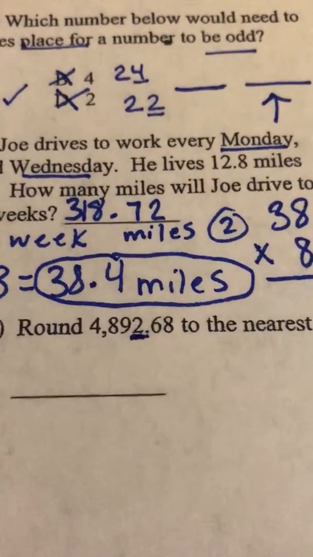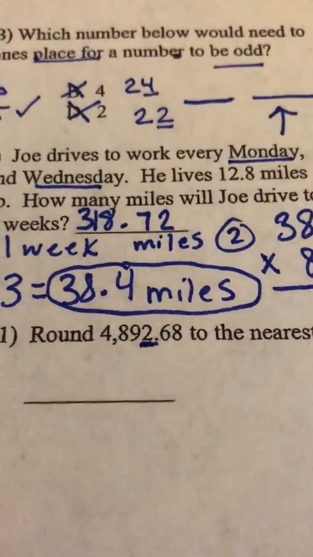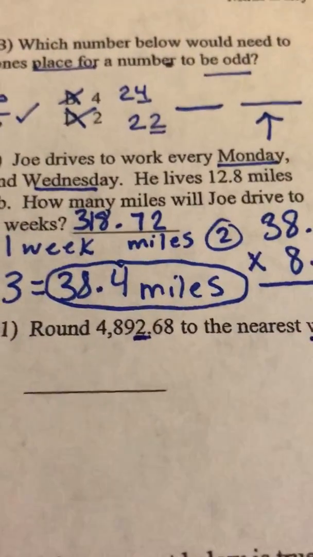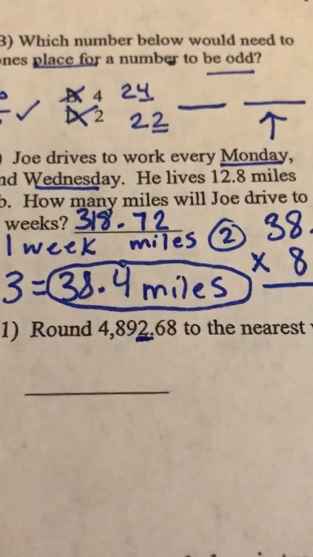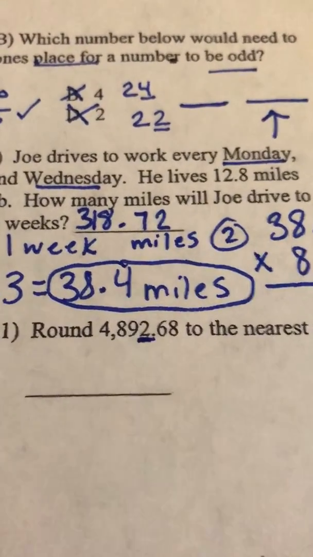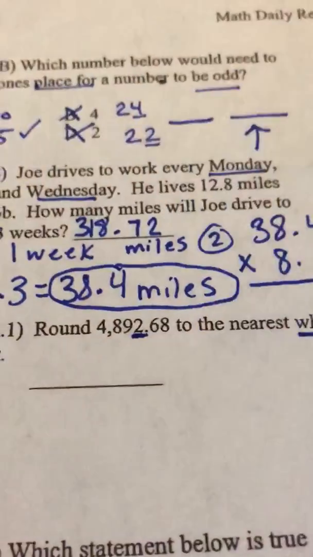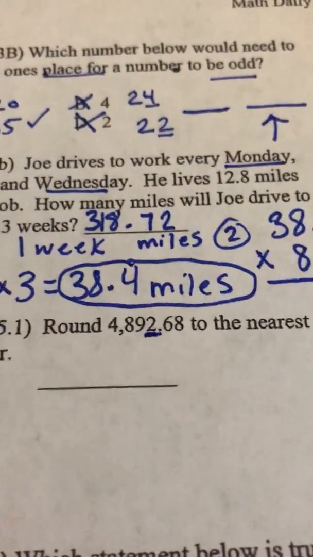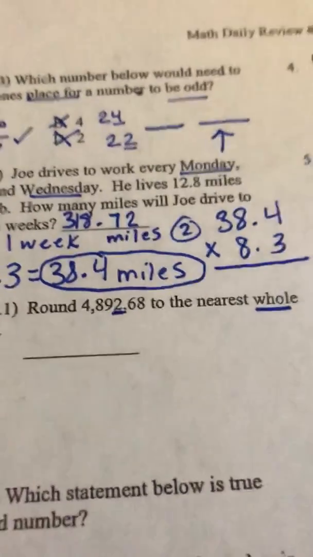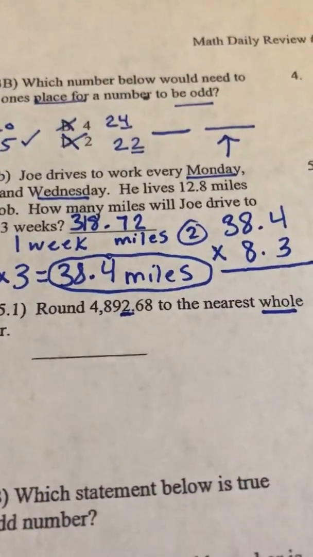So we need to decide, is 4,892 close to 4,892? Or is our whole number, entire number, going to round us up to 4,893? Those are your two options.